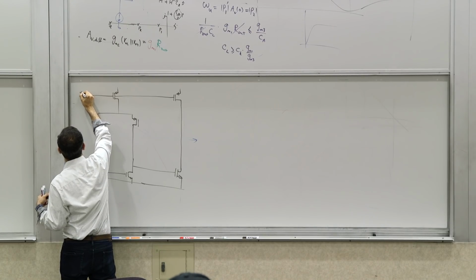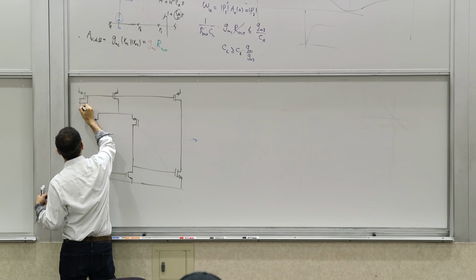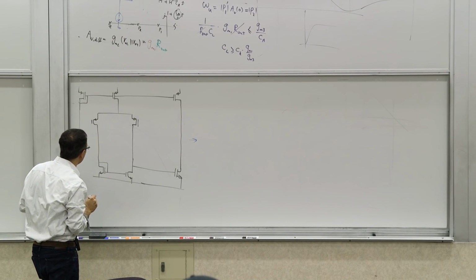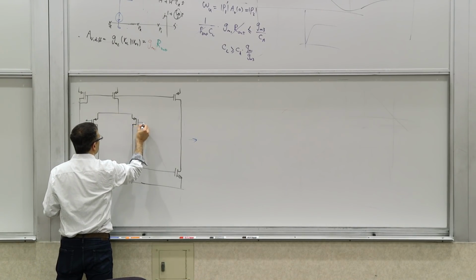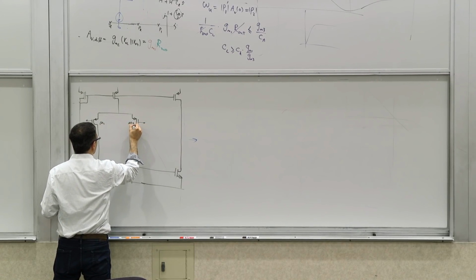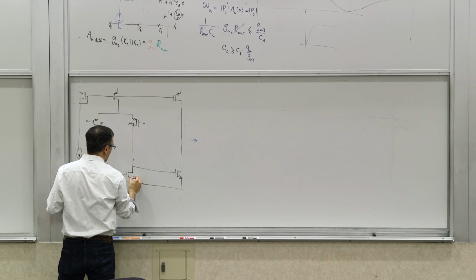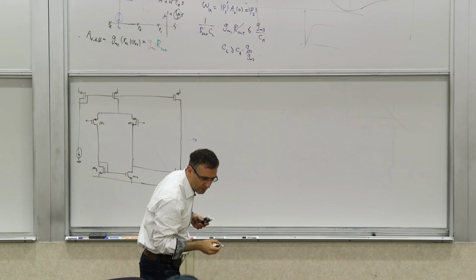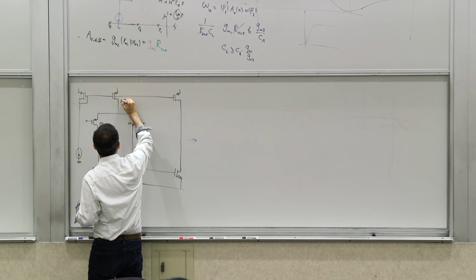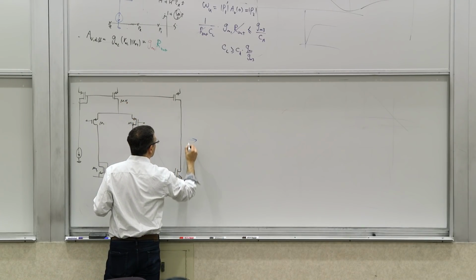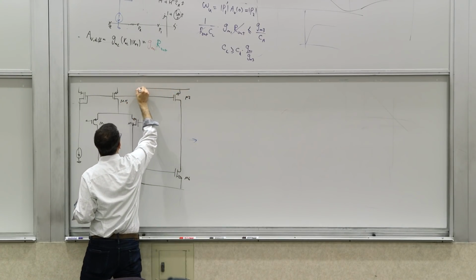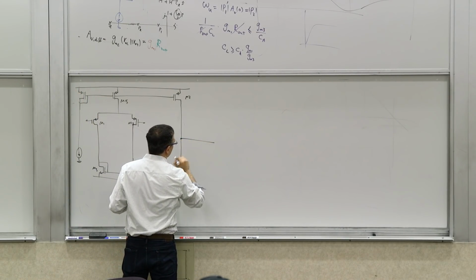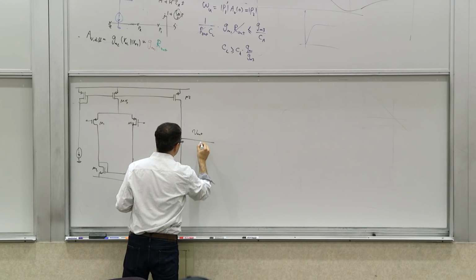You have a reference branch probably, with some sort of reference current, which we are not going to show in great detail here. So this is your differential input, M1, M2, M3, M4. What did I call these things? It's M5, M6, and M7. And then you have an output, V out.